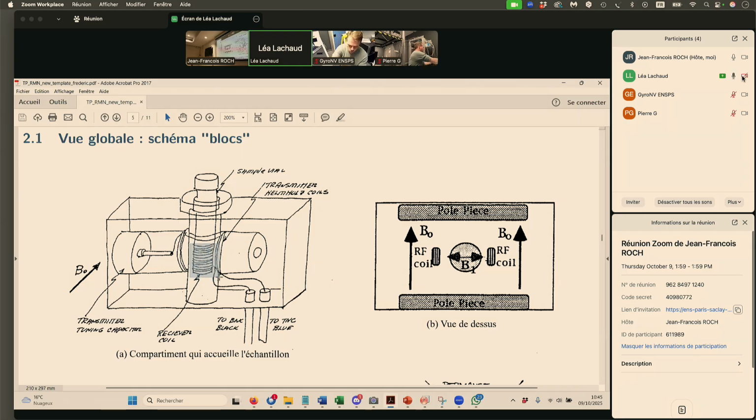Here, around the sample, you have a detection coil. And so when the spins inside the liquid are relaxing, this detection coil, by induction, gets some signal, and it's the one we're observing now, okay?